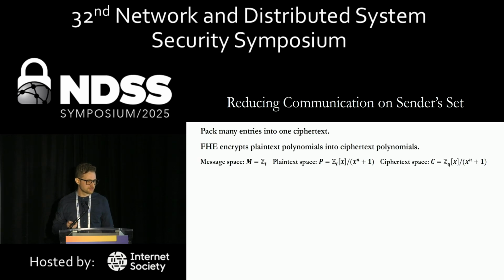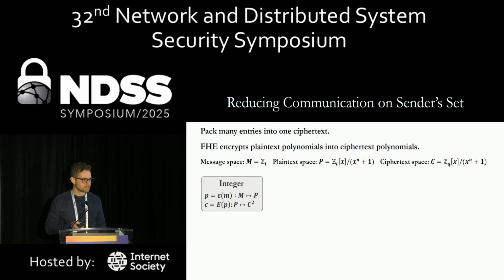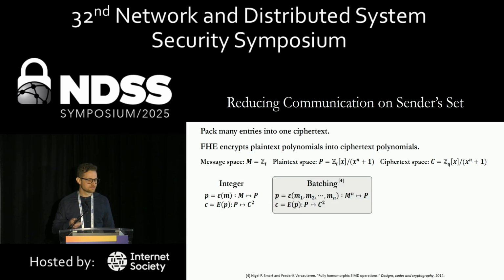In fully homomorphic encryption, we have 3 spaces: the message space, and we use BFV, so it is an integer space, and the plaintext space and ciphertext space are polynomials. Originally, one would encrypt a single integer into this polynomial, which was very wasteful. So later, batching was proposed, which lets you encode n entries, any messages, into one polynomial, where n is the polynomial degree.